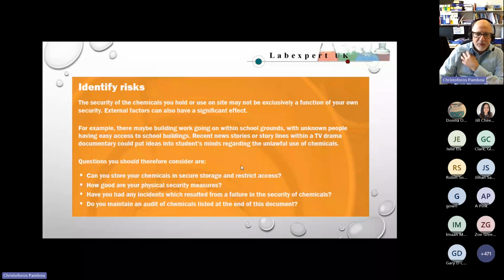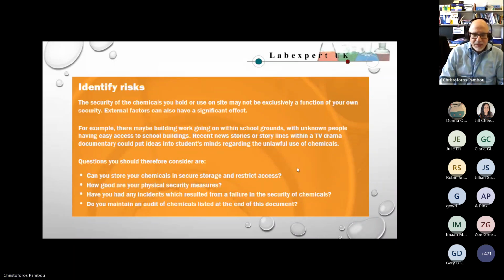Therefore, the questions we need to ask: can you store the chemicals in secure storage with restricted access? How good are your physical security measures? Have you had any incidents which resulted in a failure in the security of chemicals? Has anything been stolen, or any chemicals gone missing?